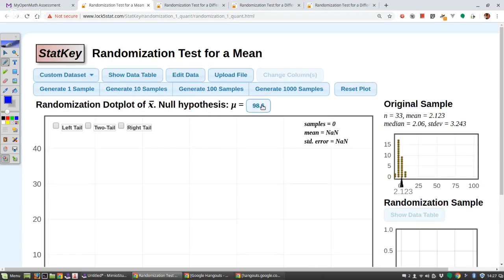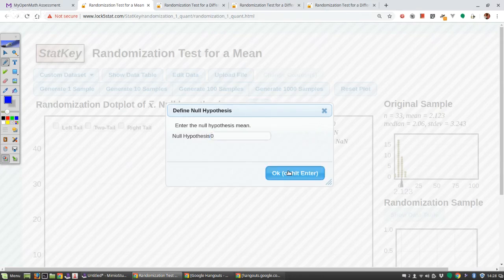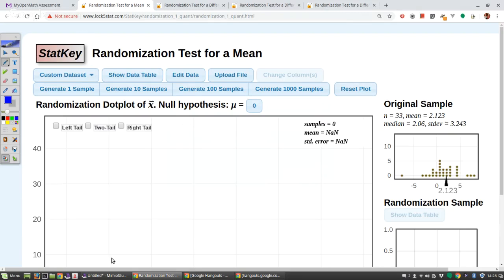Now, one problem here is that in the independent samples, I'm automatically given that they have a difference of 0. In StatKey, for the difference in paired means, I have to go again to test for a single mean, and then I would set the null hypothesis to 0, meaning there is no difference in heights.